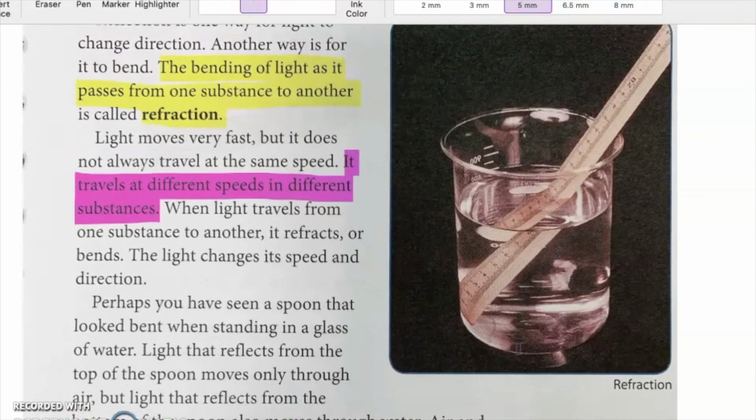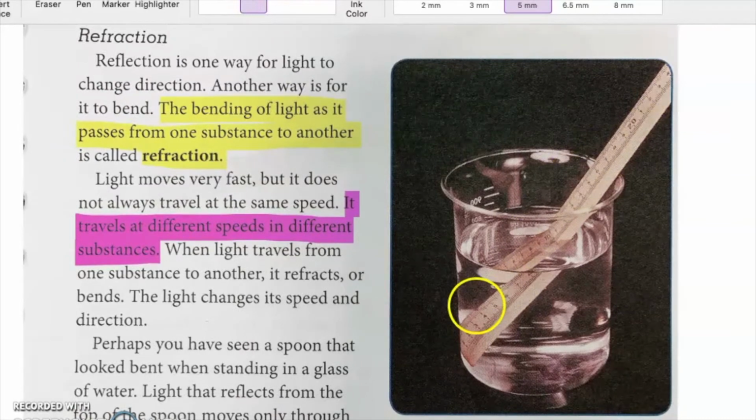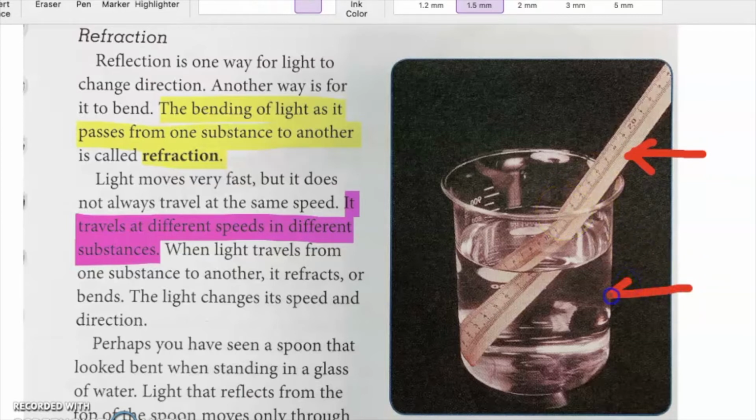So let's look at the picture here. The item inside the beaker is not a spoon, it's actually a ruler. What the textbook is saying is this. When the light is traveling in the air, we see this angle. However, because light is traveling at a different speed when it's striking water, we see a little bit of bending.